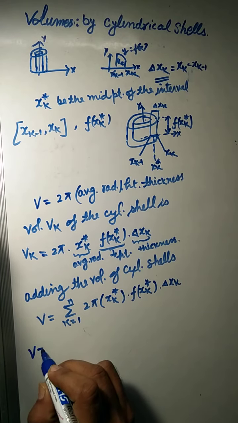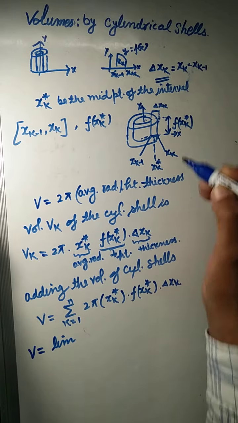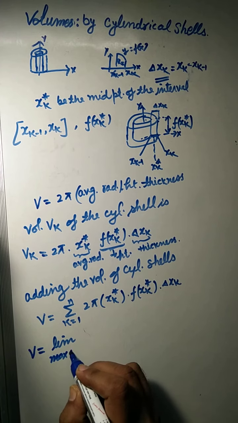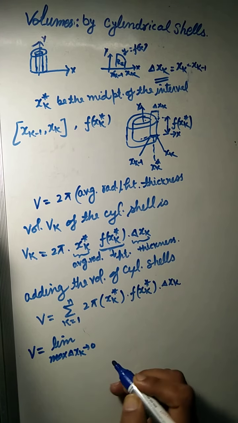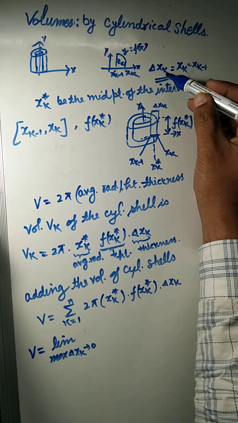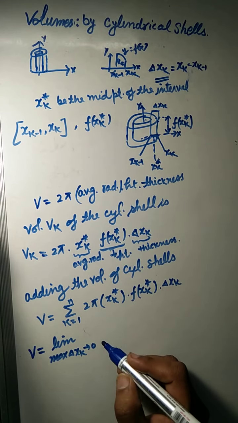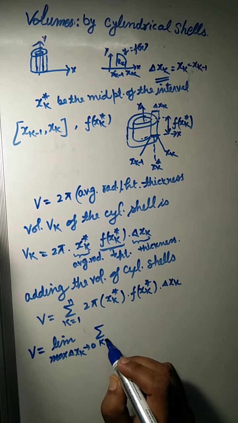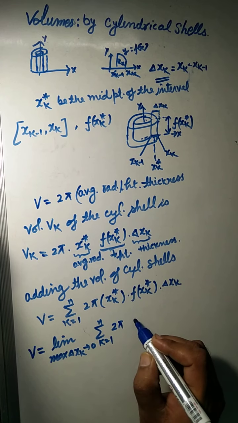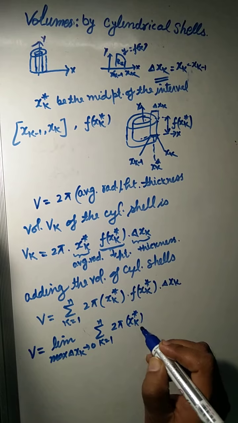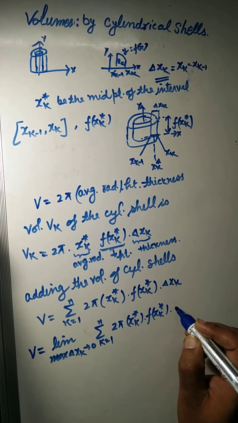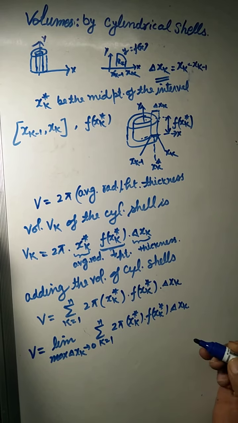So the volume V equals the limit as the maximum thickness delta x_k tends to 0, which is negligible, of the summation from k equals 1 to n of 2 pi x_k star, f(x_k star) the height, times delta x_k, the thickness.